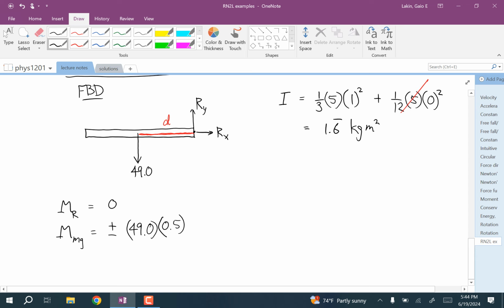And now you have to think, this force with the hinge over here at the right, would this weight force make this body rotate clockwise or counterclockwise around that hinge? This force would make it rotate counterclockwise, so we want the positive. And so the moment produced by the weight force is 24.5, and this is Newton meters. Add these up and you get that the net torque is 0 plus 24.5, so just 24.5.